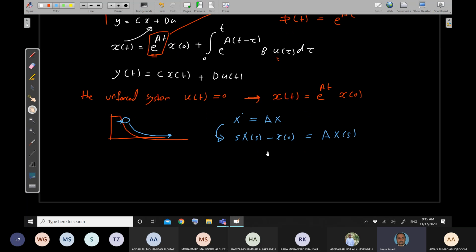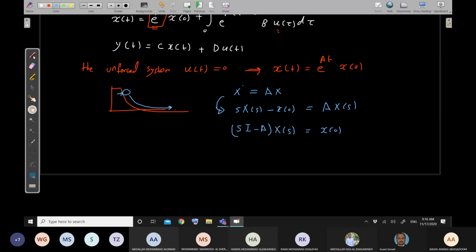Because I need to study the response due to the initial condition. So this will be (SI minus a) X of S equals x of 0, yes or no?